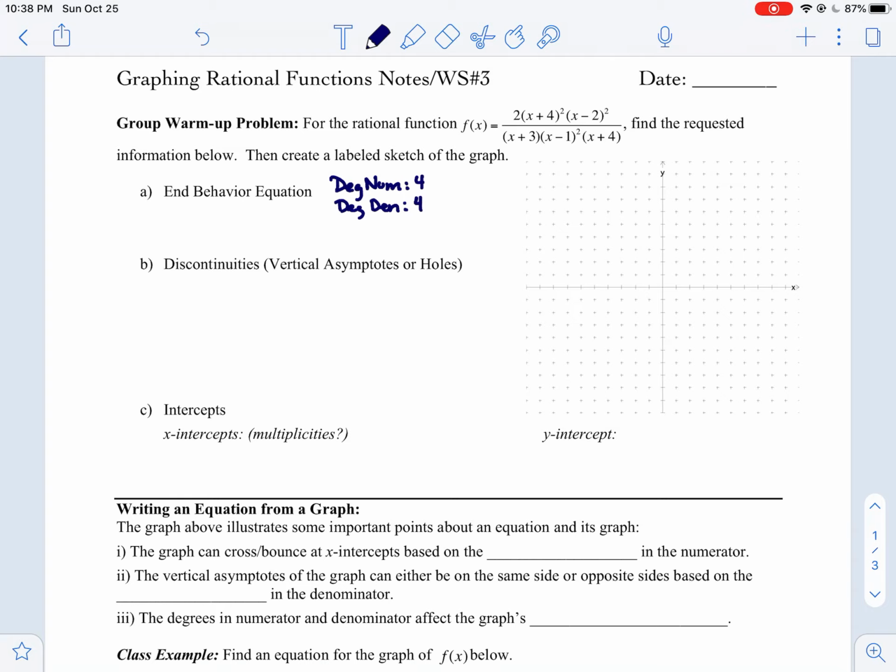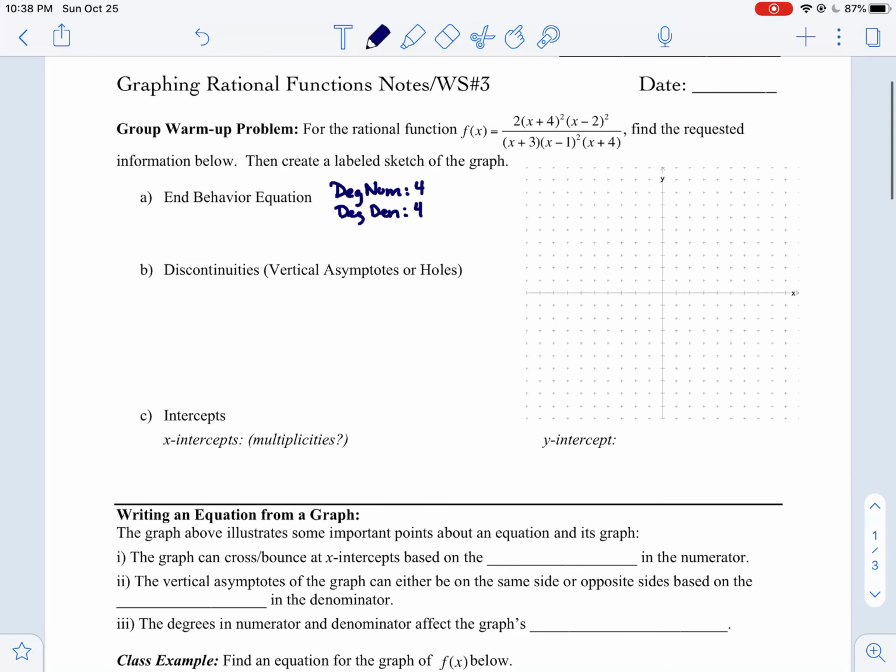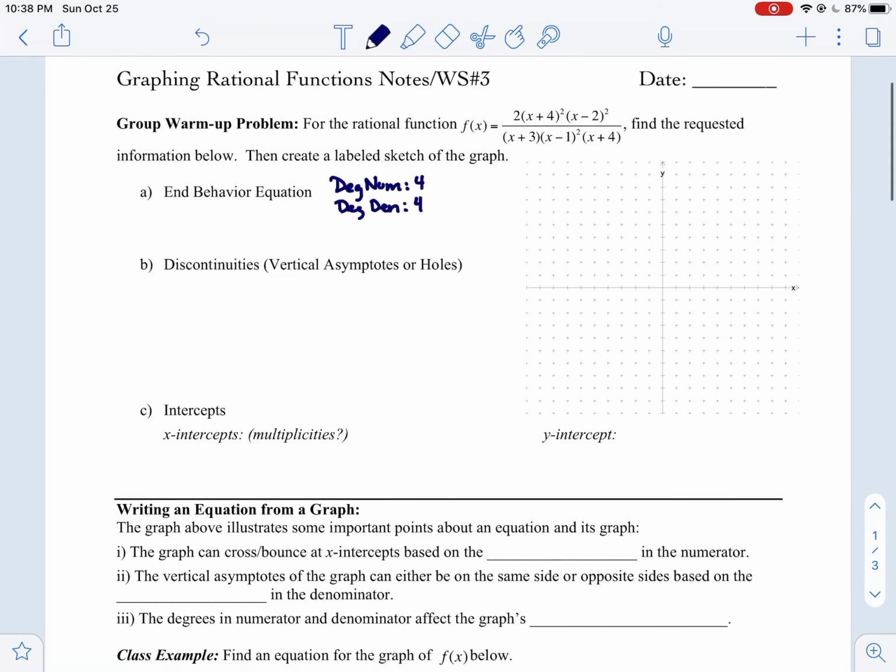Because of that, we're going to have the same degree in the top and the bottom. Since it's the same degree in the top and the bottom, we actually do need to think about what the coefficients are. If the bottom had been bigger, then we could have just said it's going to be at 0. But this time it is actually equal. Up top, if we had multiplied that out, we would have gotten 2x to the 4th.